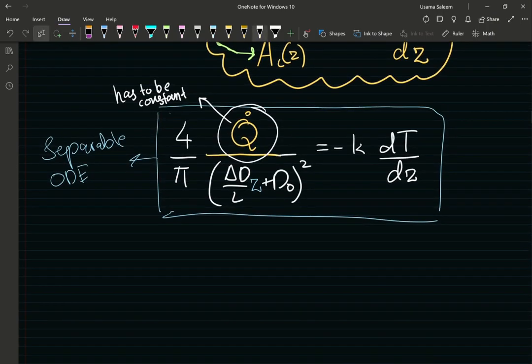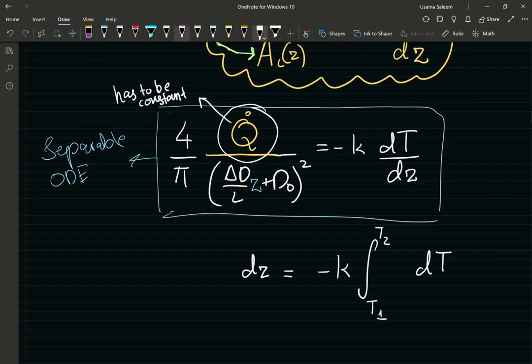So, all right, let's separate the variables. Let's choose a nice color. I'm going to go very monochromatic now. On the left side, I'll just have negative k. K is constant, so that just gets pulled out of the integral. It goes from T1 to T2.